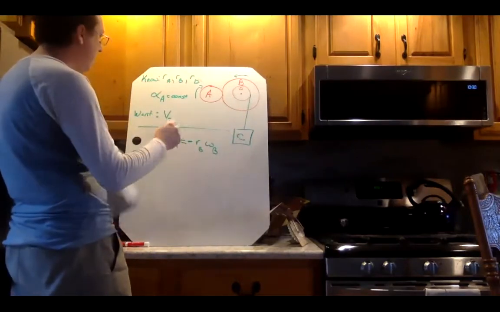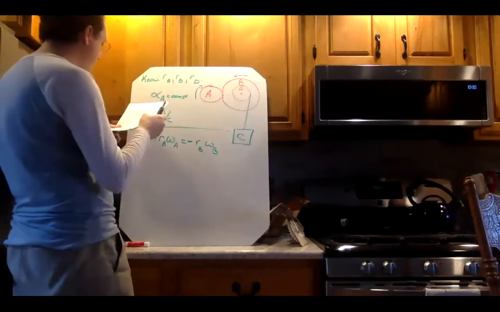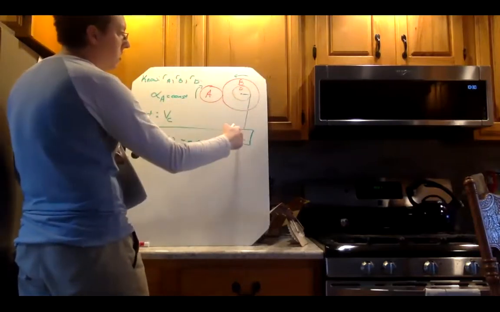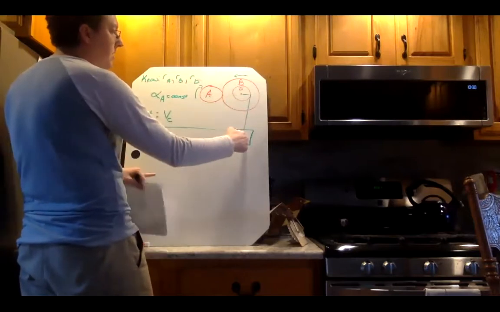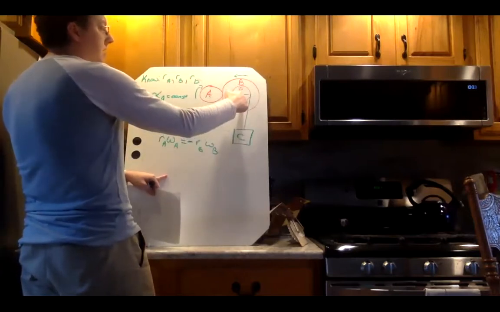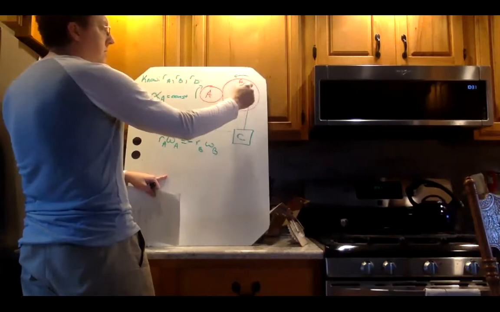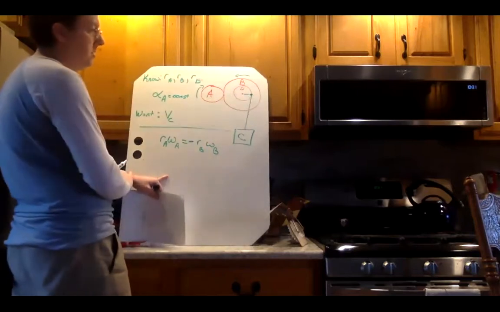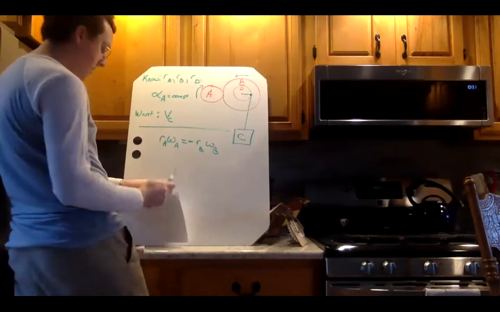What I know is that the velocity of C has to be the same as the velocity of a point on the edge of this wheel.